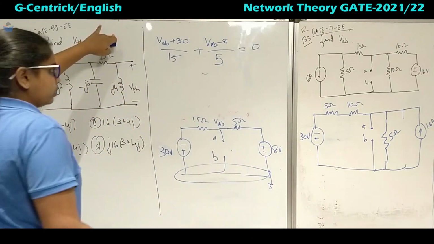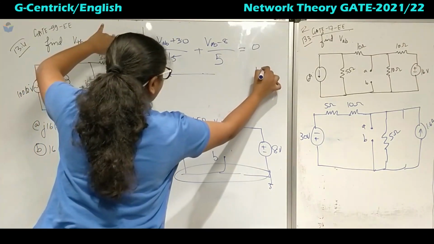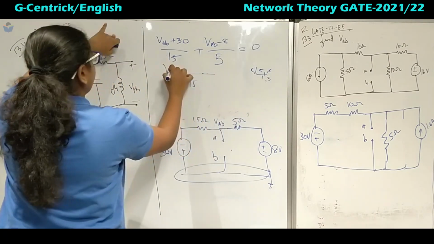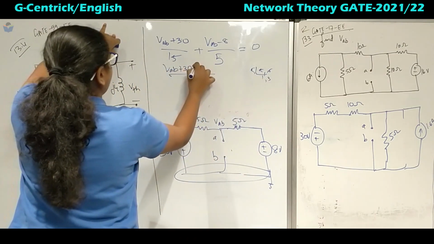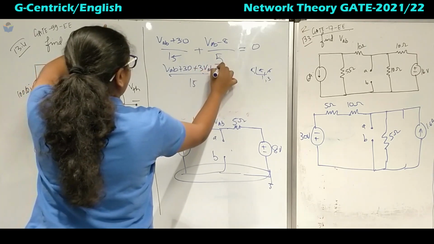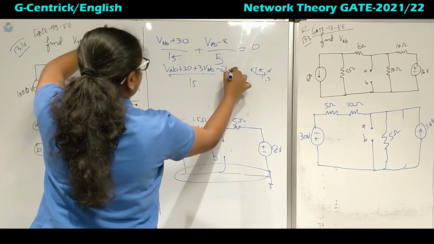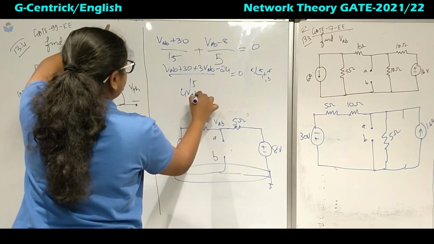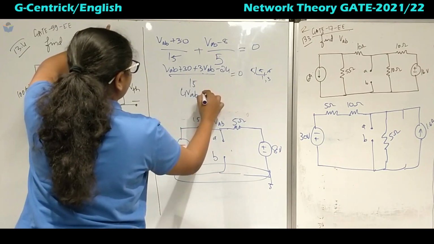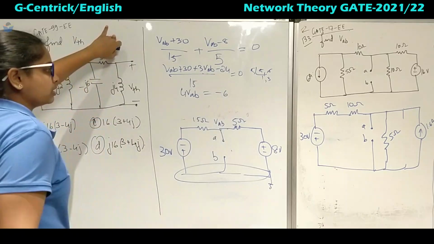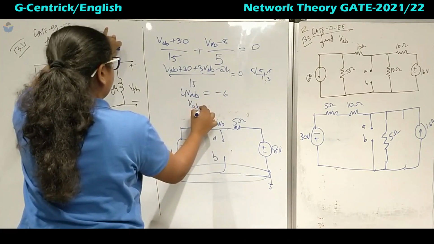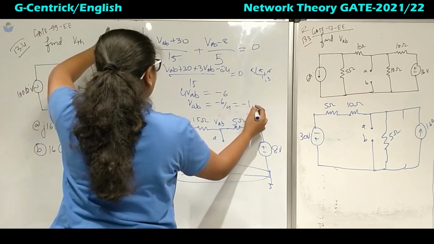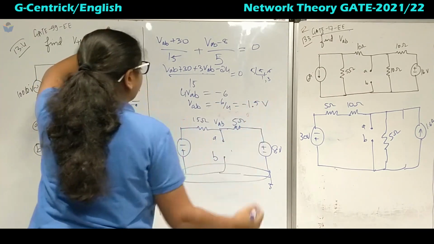What will be the LCM of 5 and 15? It is 15. So VAB plus 30 plus 3 VAB minus 24 equal to 0. So 4 VAB equal to 30 minus 24, this will be minus 6. VAB will be equal to minus 6 by 4, which comes out to be 3 by 2, 1.5 volts.